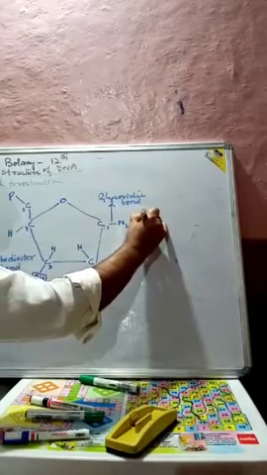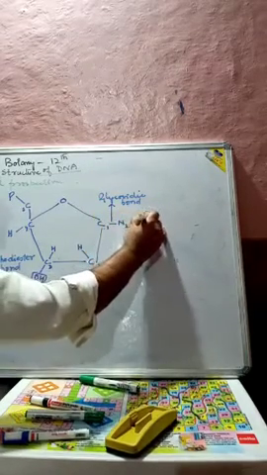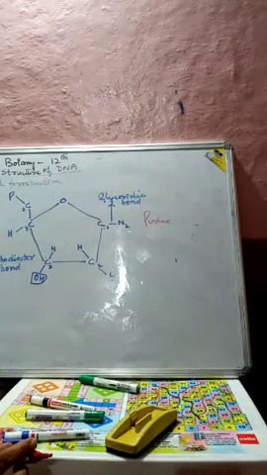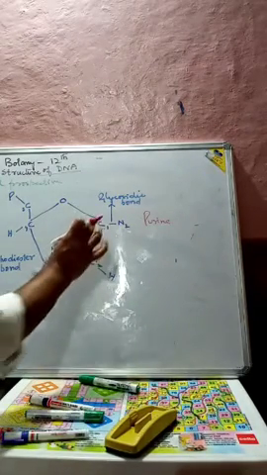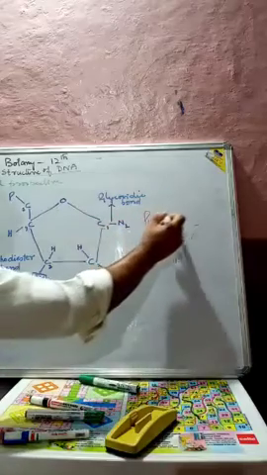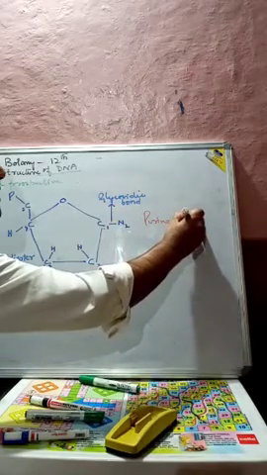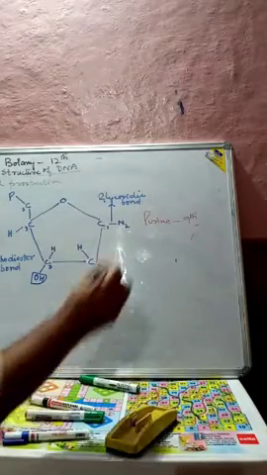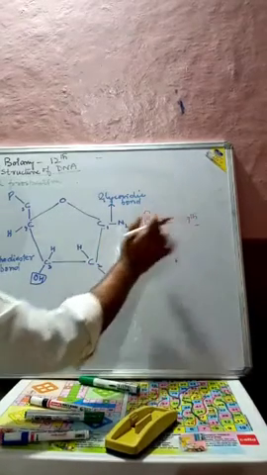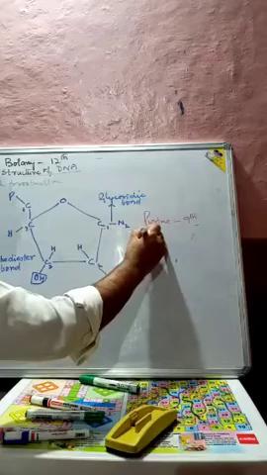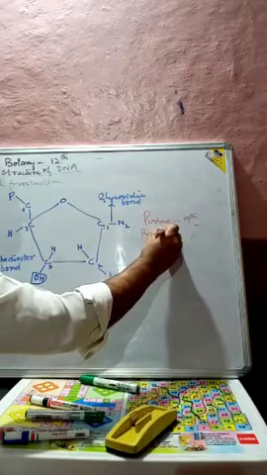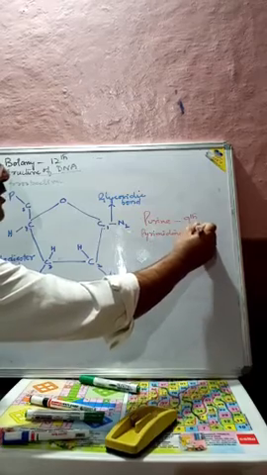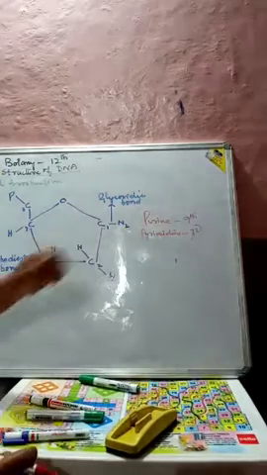In case of purine, this carbon first is attached at the 9th position of the purine. And in case of pyrimidine, it is attached at the first position of the pyrimidine.